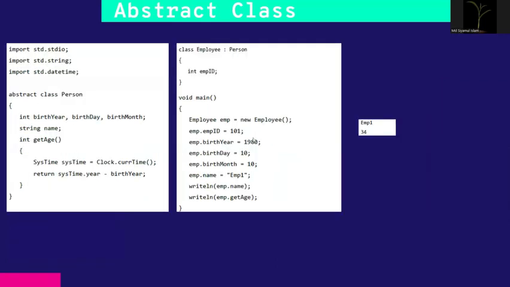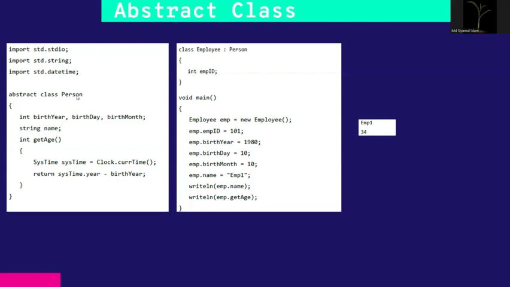And here is an example of an abstract class. An abstract class is another important object-oriented concept. An abstract class is a class whose object cannot be declared.